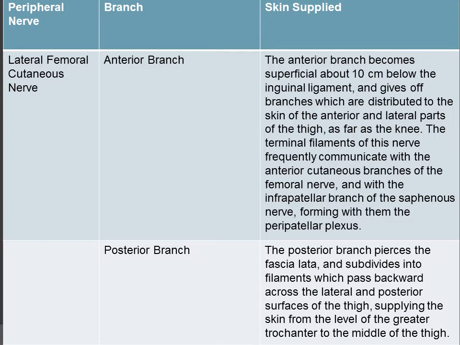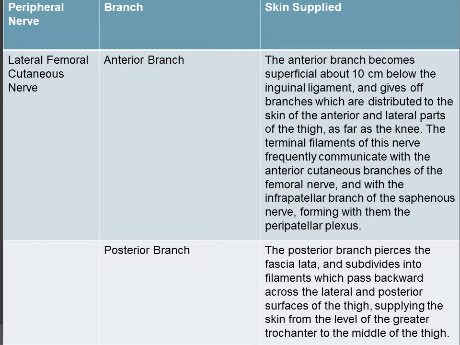And then down by the knee, the terminal filaments of this nerve frequently communicate with another nerve, which we'll talk about shortly, the anterior cutaneous nerve of the femoral nerve, and also with the infrapatellar branch of the saphenous nerve, forming with them another structure known as the peripatellar plexus, which provides for sensation around the kneecap. That's the anterior branch.